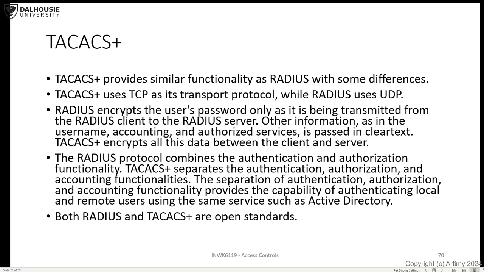In Radius, I think because of historical reasons, all people who come in are just going to the internet, so they have the same authorization level, right? But if you want to use granular control, some users can have access to these resources, others have access to those resources. So you need to separate the functionality. Authentication, making sure that this is a legitimate user, is one thing, and also what they can do is a different thing, right?